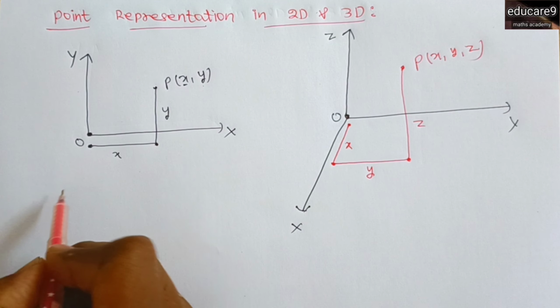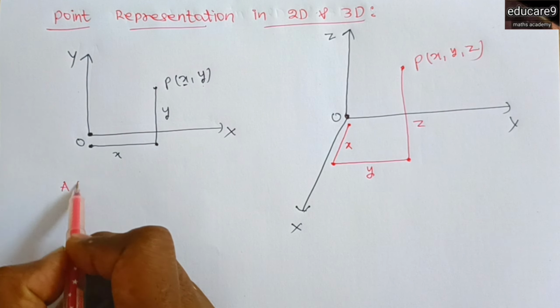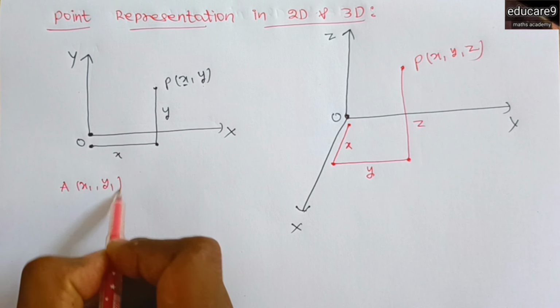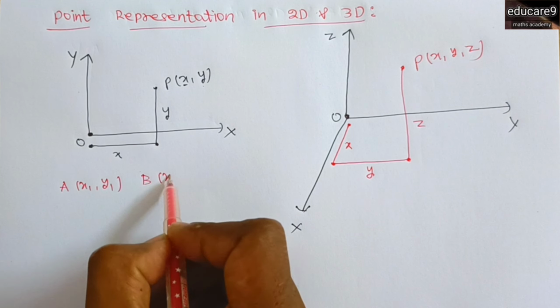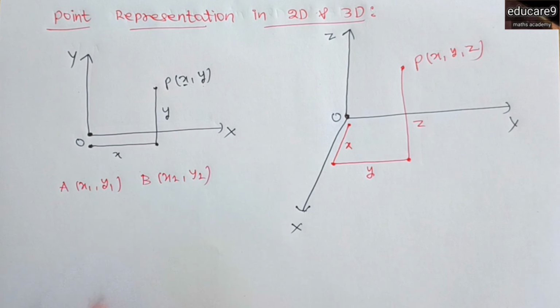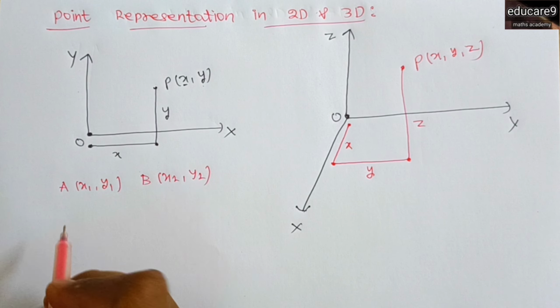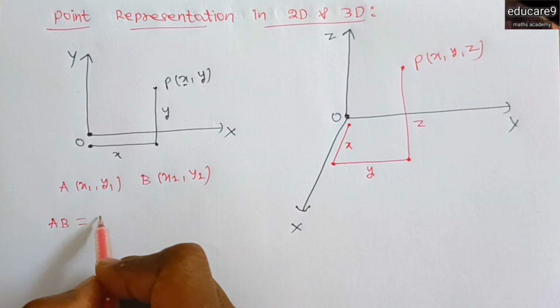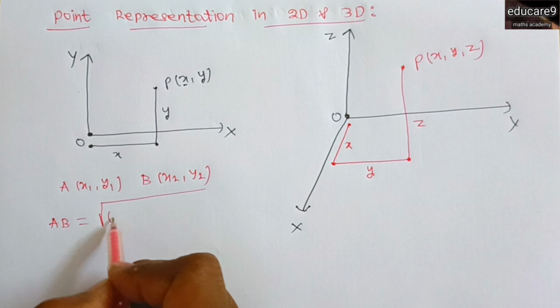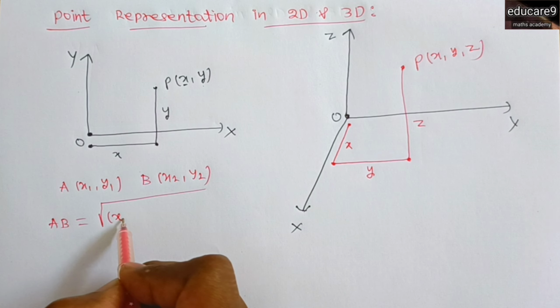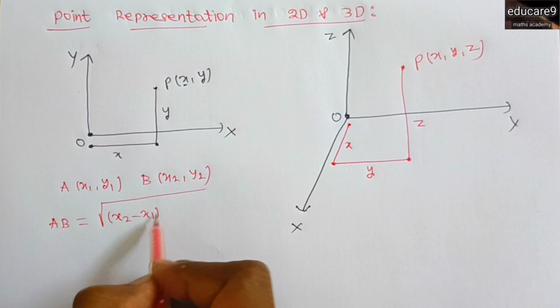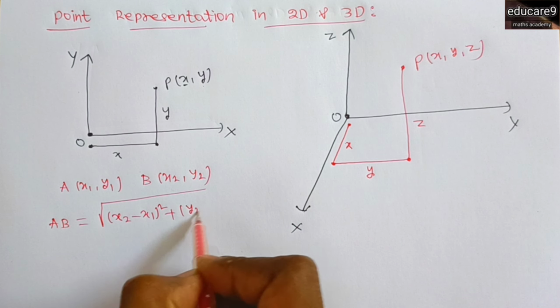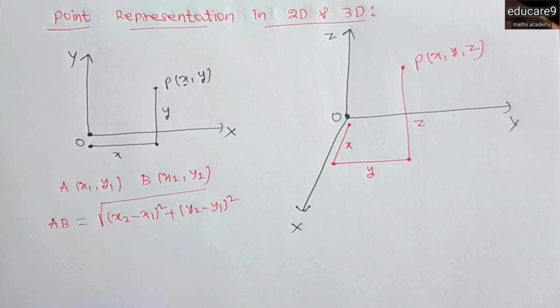See here, for example, the points A(x1, y1) and B(x2, y2). Then the distance between A and B, as you already know, is the square root of (x2 minus x1) whole square plus (y2 minus y1) whole square.